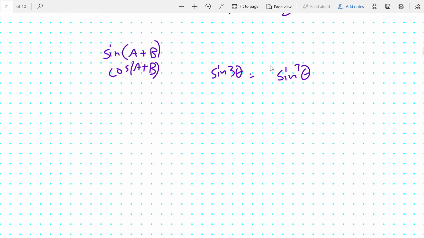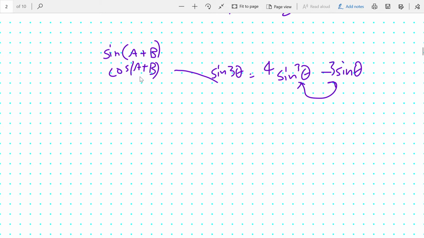I think it's 4 sine cube theta minus 3 sine theta, but don't quote me on that. Might be the other way around. I might have gotten this equation the other way around. Anyway, it's this kind of equation that they'll ask you to prove, and that's where you'll really want to use this.